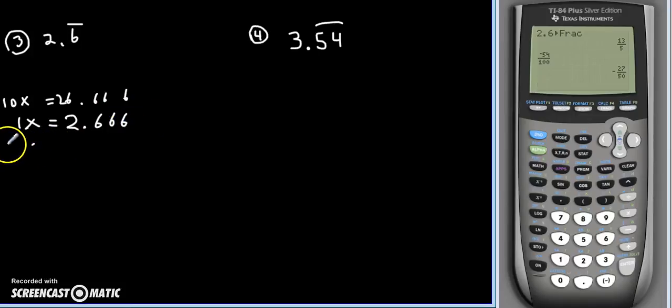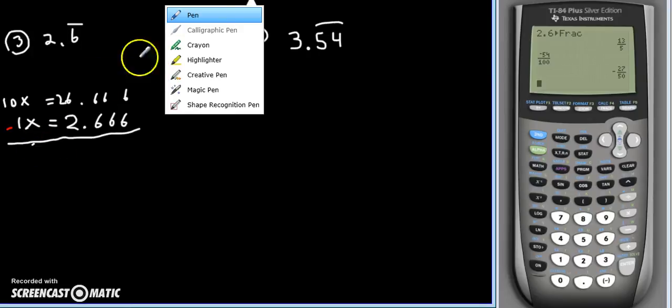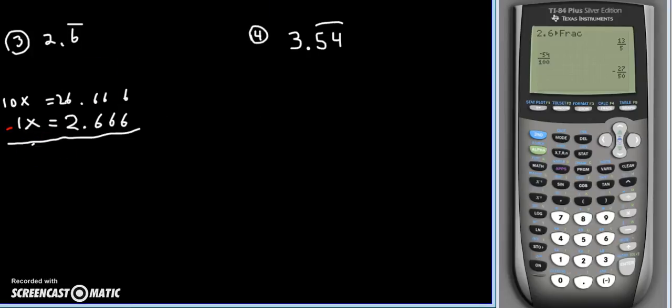I hope so. If you multiply a number by 10, it moves the decimal over one spot. Now, here's what we're going to do. We're going to subtract these two numbers from one another, and it gets us 10x minus 1x is 9x.